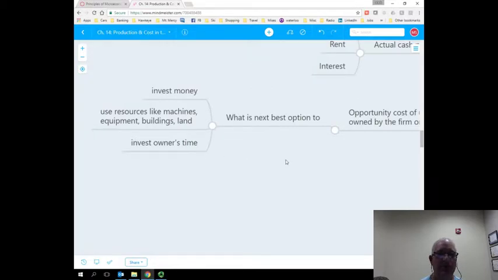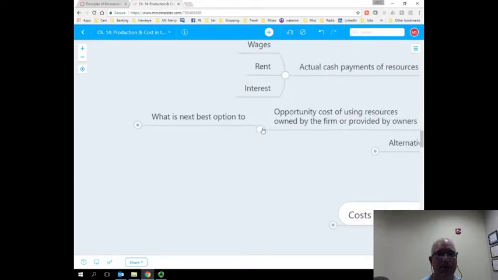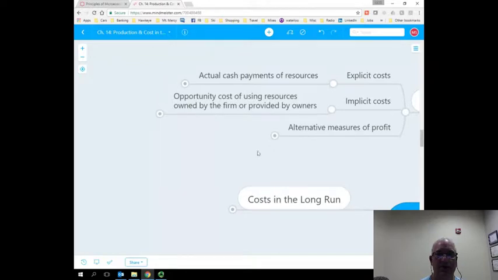So these are the other options you have of what you're going to do, and that's what implicit costs entail. Those are the different costs there, implicit and explicit.